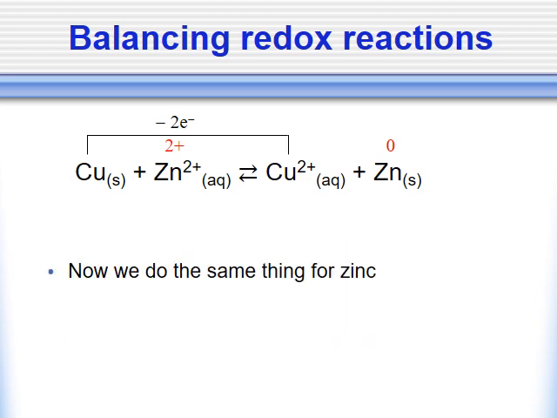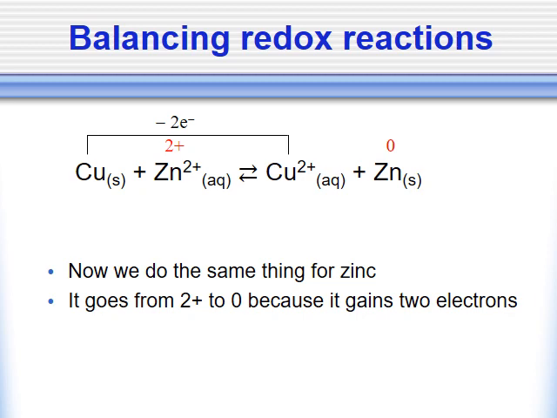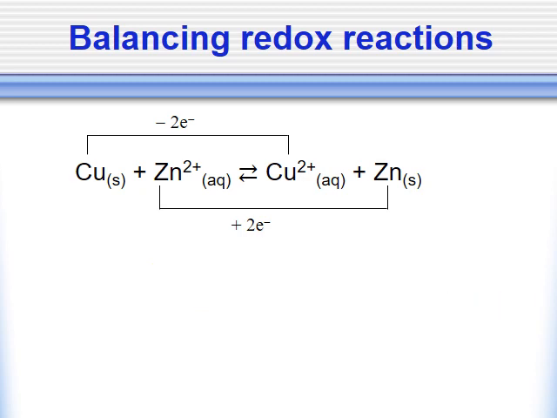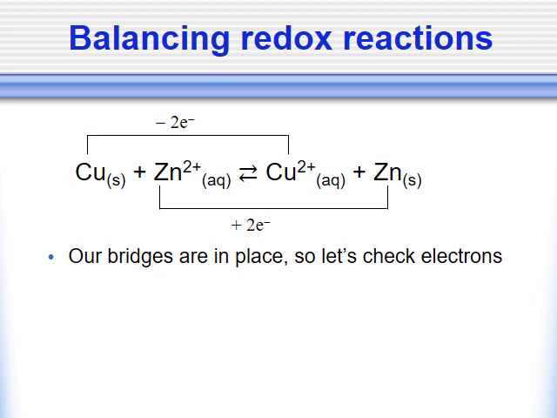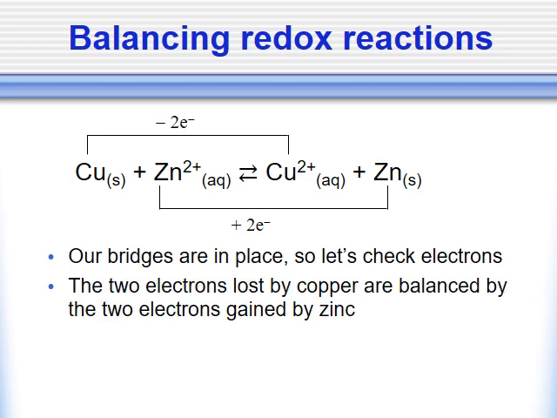Let's do the same thing for zinc. It goes from 2+ to 0 because it gains 2 electrons. We'll draw our line, say plus 2 electrons because zinc 2+ gains, and there are our bridges. Now let's look at our electrons.